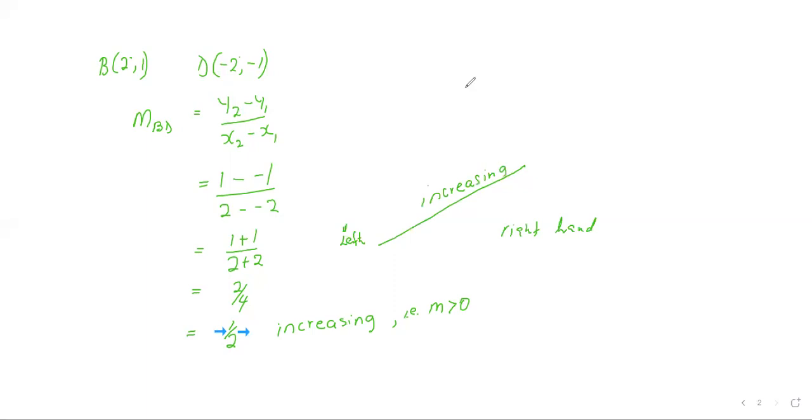But if you move from your left hand and you go down to your right hand, that function is decreasing. So an increasing function has m positive, a decreasing function has m negative.